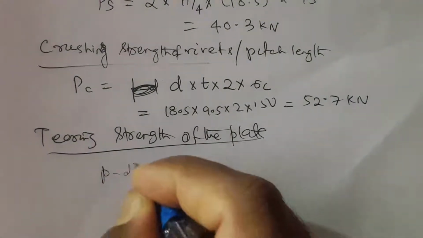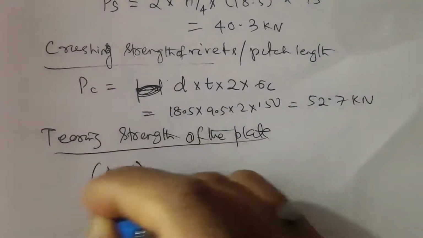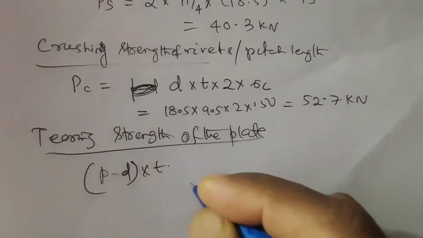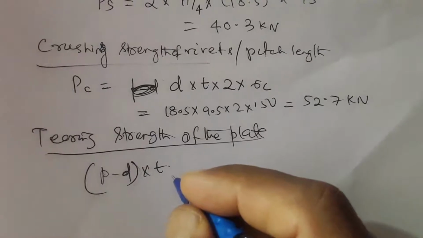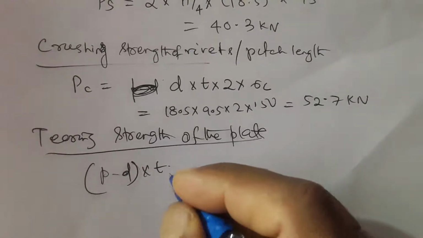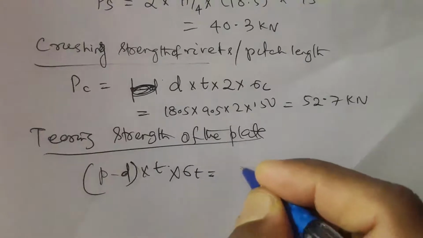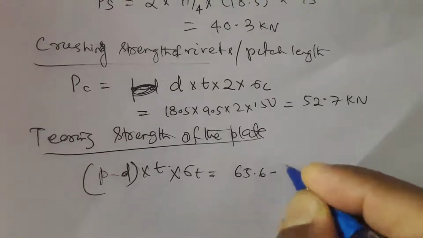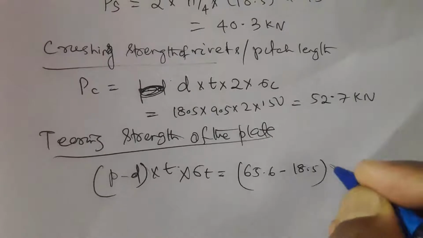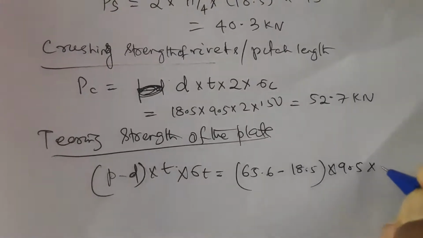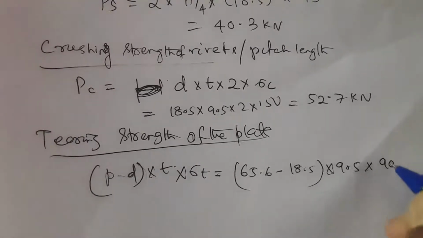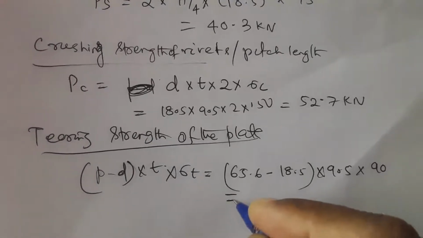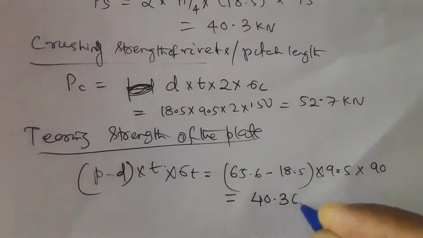So pitch minus D into T, the thickness, is the area resistant to the tear, into sigma T. In this case it is 65.6 minus 18.5 into 9.5 is thickness into sigma T, which is given to be 90 Newton per millimeter square, and when you multiply you get 40.36 kilonewton.